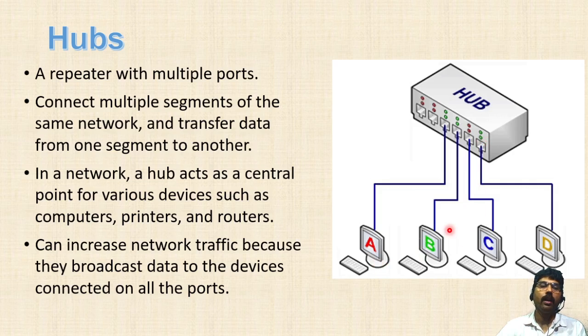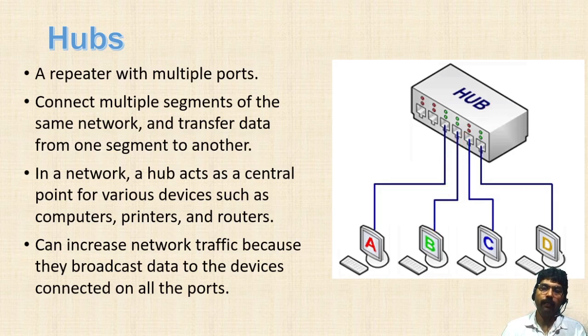Hubs have some disadvantages also. A hub has no intelligence, so whatever data it sends, it doesn't know to which computer it has to send, or from which port it has to send. So what it does is simply broadcast.